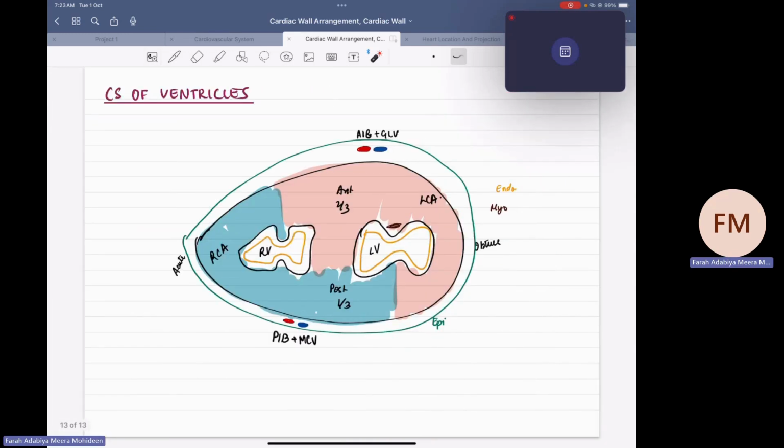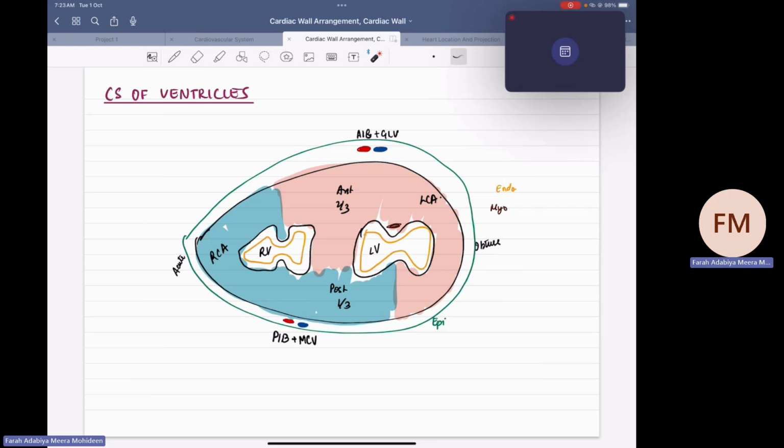Now we'll talk about the cross section of the ventricles you're supposed to draw. You can see it's very similar. You talk about the layers, left ventricle, right ventricle, and endocardium, myocardium, and then epicardium.